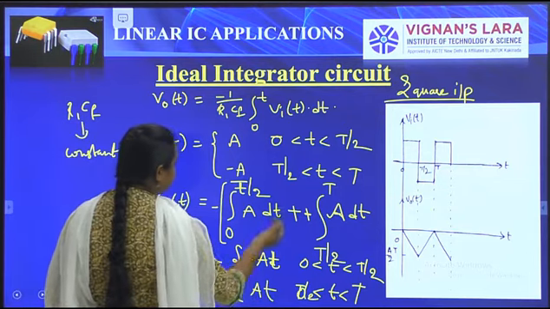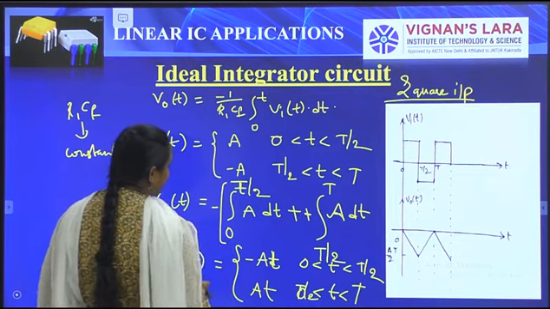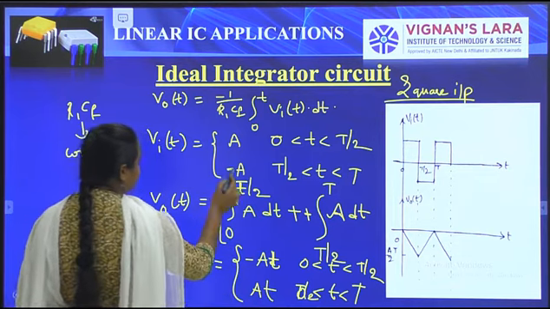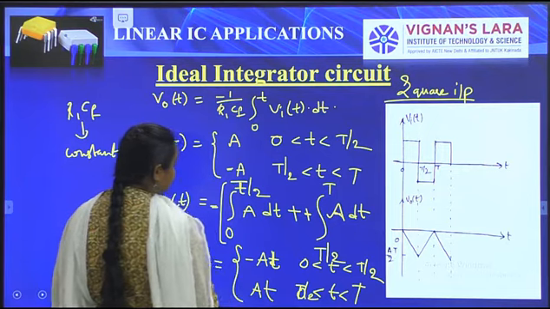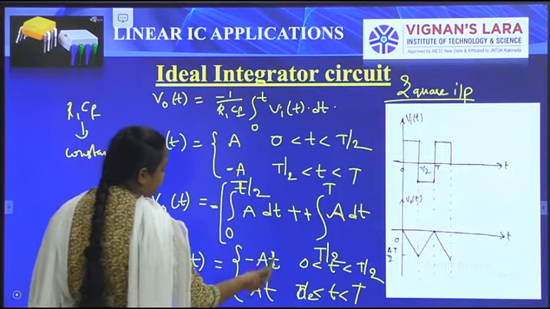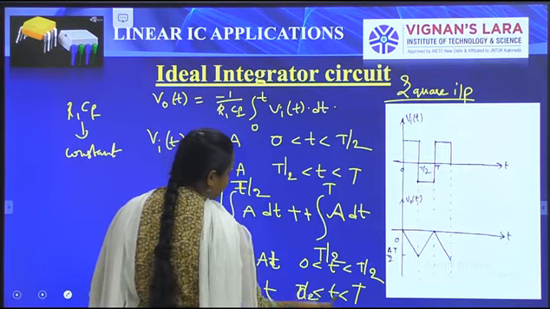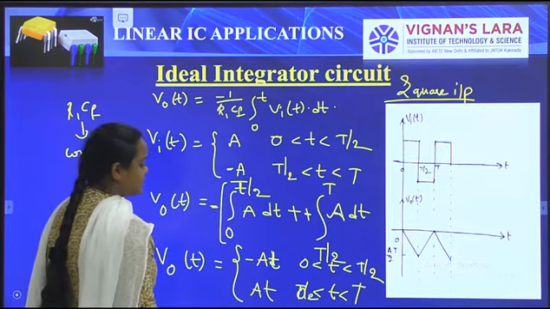Why? Because minus becomes plus, so we can get a plus term here. So the output is minus 80 for 0 to T by 2, and plus 80 for T by 2 to T.